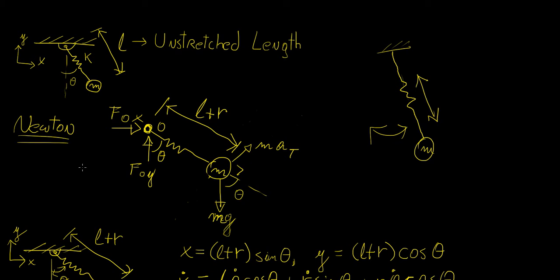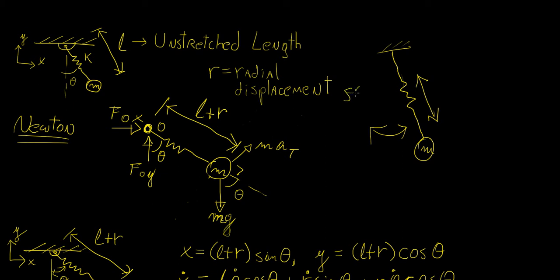So we could try using Newton's method. One way we could do that is we could draw a full free body diagram, take the sum of the torques about the pivot point, and then use concepts such as the tangential acceleration, relate that to the length plus some displacement r, and here in this case r is going to be some radial displacement, and it is actually a function of time.